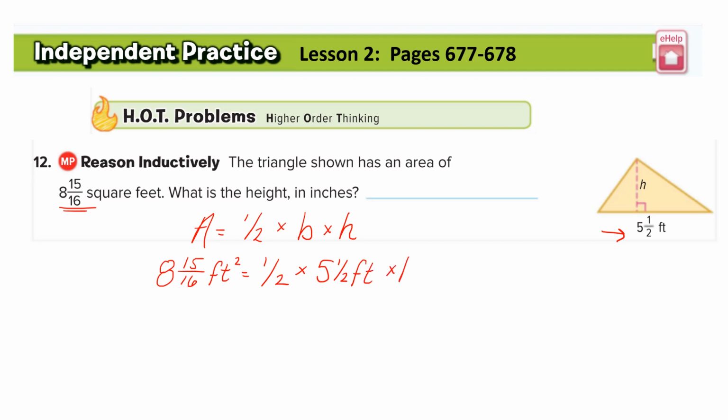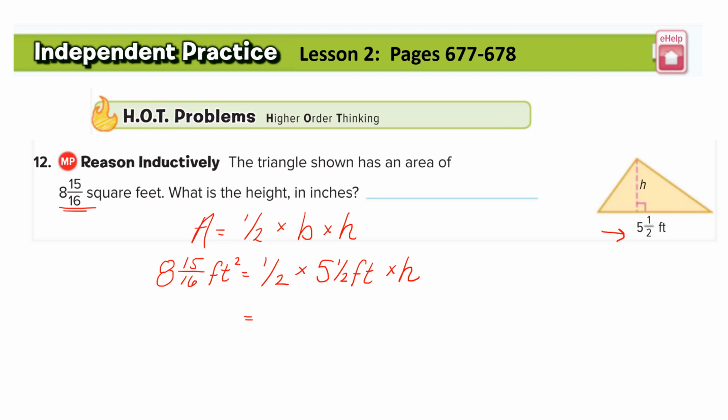Times the height. Now we're going to use a calculator for this. In your calculator, type 1/2 times 5 and 1/2, and you should get 2 3/4. Oops, sorry. Let me go back here.